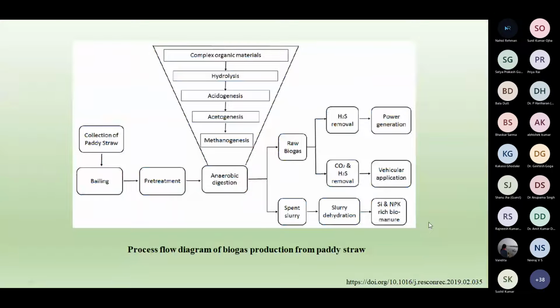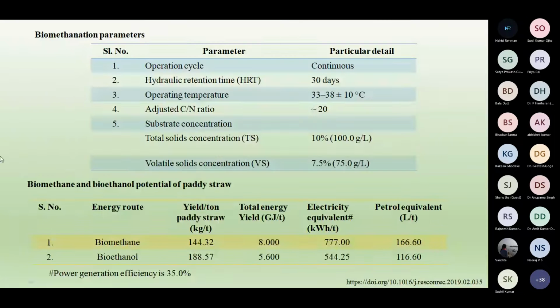This process flow was used in Punjab. Pre-treatment, digested using this process, collected the biogas, which is used for various applications, whether it is vehicular or power generation or rich biomanure production.